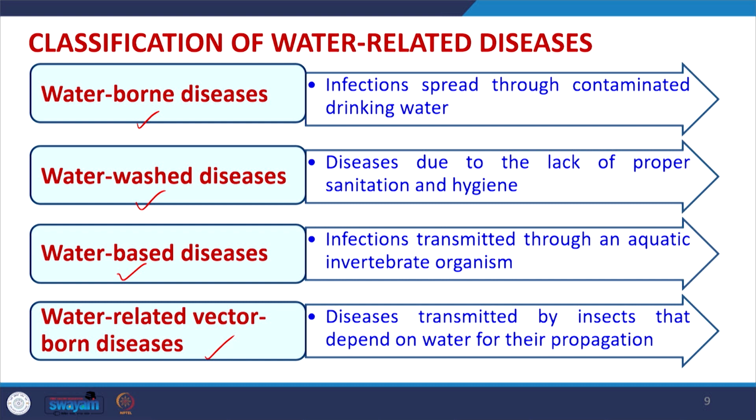Now, infections spread through contaminated drinking water. If any drinking water is contaminated and the infection spreads through that, it is called water borne disease. Diseases caused due to lack of proper sanitation and hygiene are called water wash diseases, because we are not cleaning, sanitation is not proper, hygiene is not proper, and because of which the diseases occur.